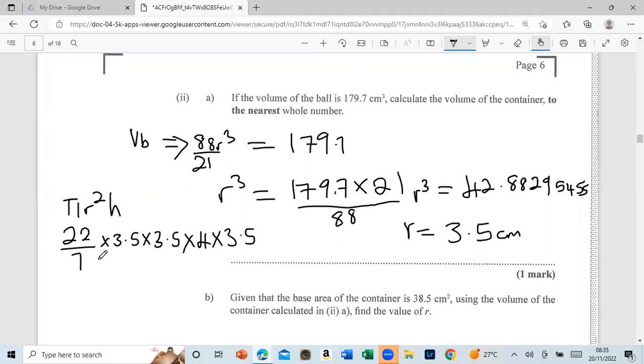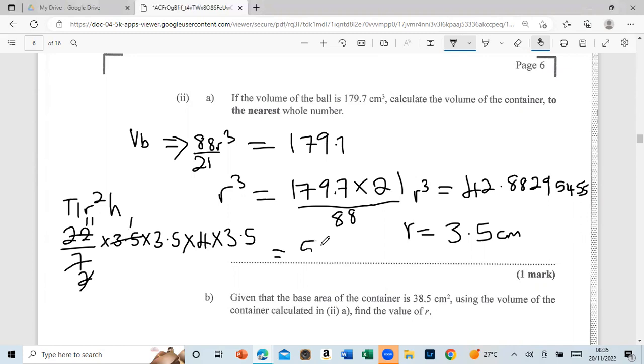Guys, this is a lot for 1 mark though. Alright, so punch this in a calculator and calculate. It would be 22 over 7 times 3.5 squared times 4 times 3.5. I got, and round it off to the nearest whole number.